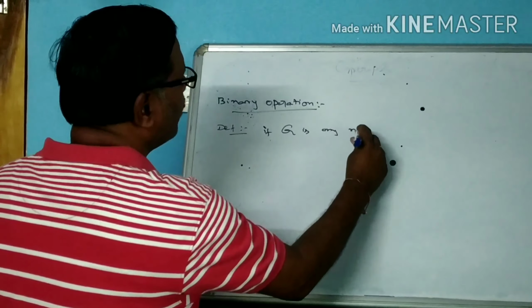In this case, we say that circle is a binary operation on N. Another example: star is a function defined on N such that a star b is equal to ab by 2.